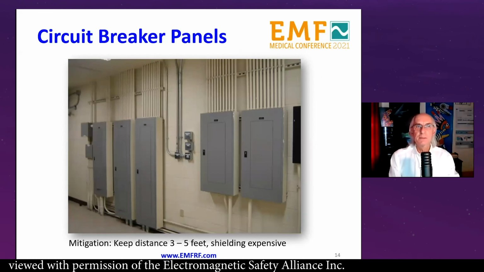And then eventually we end up at the circuit breaker panels. You can see that there are a lot of wires running into the panel. You've got the main line coming in on the bottom here, and then the circuit breaker, and then it distributes into the different circuits. So a lot of current flow here. Therefore, there are high magnetic fields associated with a circuit breaker panel.